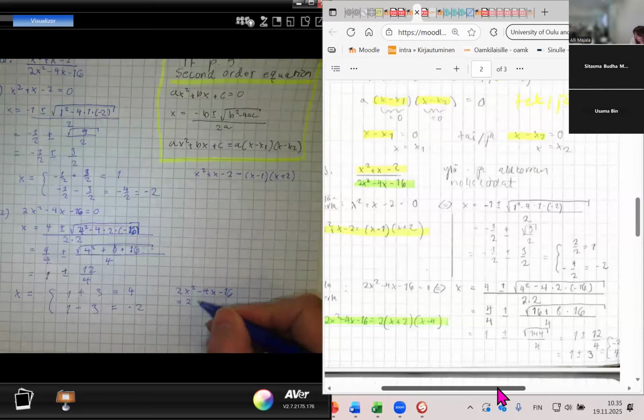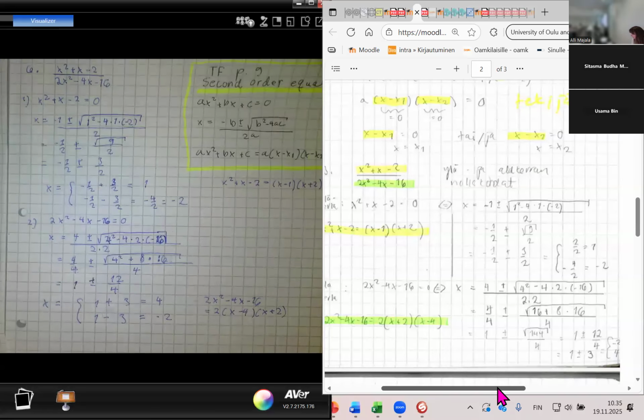There's the multiplier, and then there would be x minus 4 and x plus 2, which is great that I got the x plus 2, because then I can rewrite again this one. For sure, if you were in high school, you did something like this a lot.